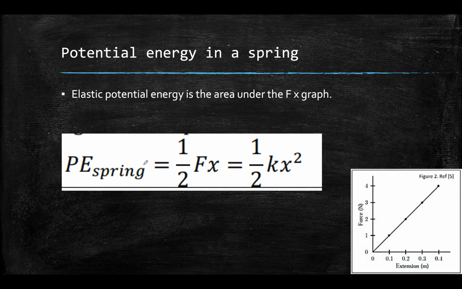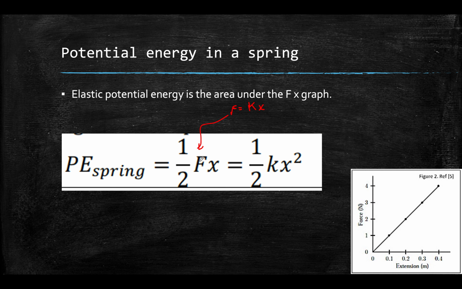That will take us to a formula, the potential energy. A half times the base times the height. Or the height times the base, it doesn't really matter. It's a half of this times this. F multiplied by x, or x by F. Same thing. This is the potential energy. If you did not know the F, we can substitute F equals kx into this formula. F equals kx.